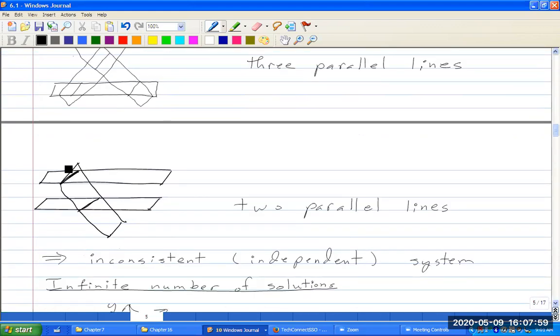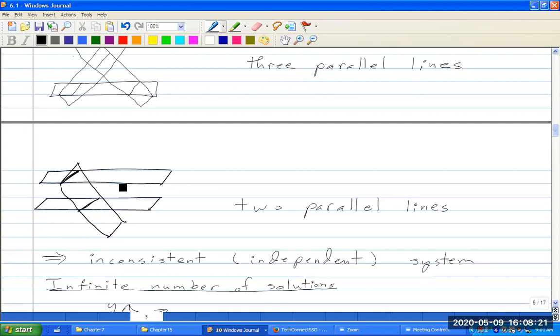Or maybe I have two parallel planes with a transversal plane, thus obtaining two parallel lines. There are various situations, but you have the situation where somehow things don't intersect.